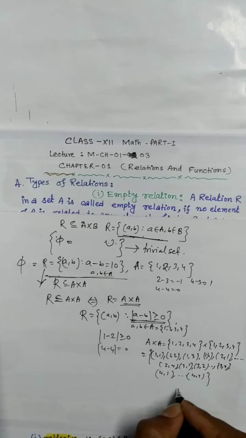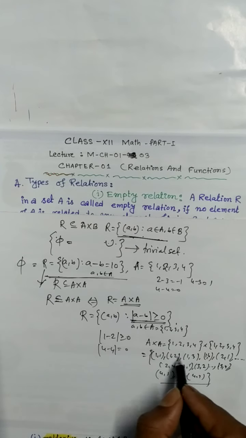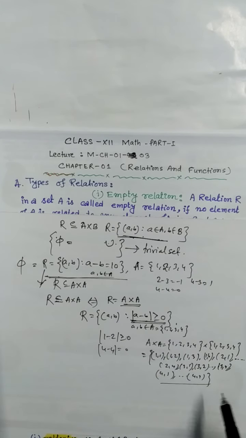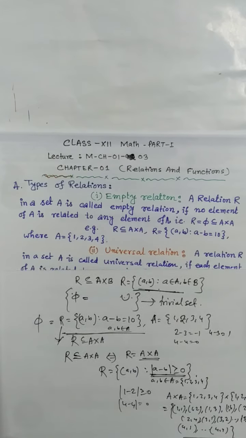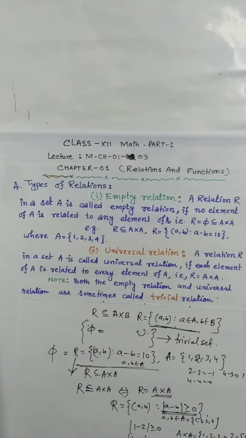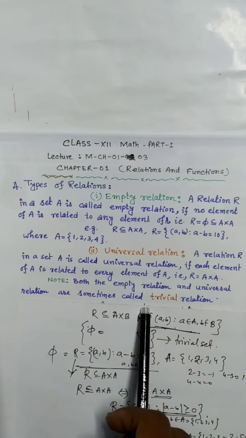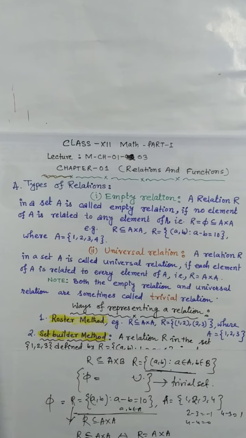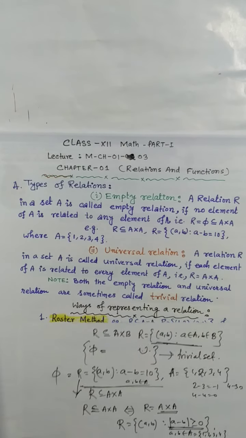So you check any of these elements, the value will always be greater than or equal to 0. So students, next we will see what is there. One note I have written here: these two relations together are called trivial relations.